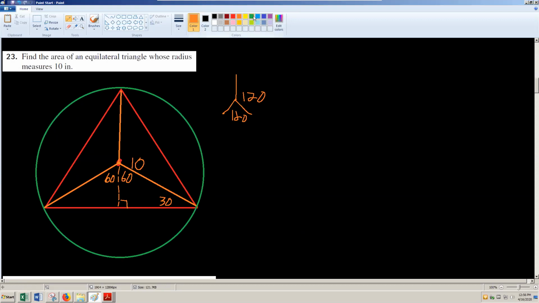I'm now going to highlight this new triangle that I have here. There we go. So let's talk about this. We are given this length here was 10. This is my right angle. This is my 60. This is my 30. This is always 2x, which is nice.